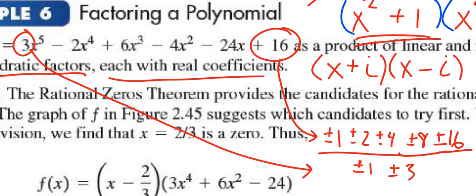Now, if you didn't want to go plug in all those possibilities to find out which one's going to give you 0, what could you do? I got this polynomial. What am I going to do to find a 0? Graph it.